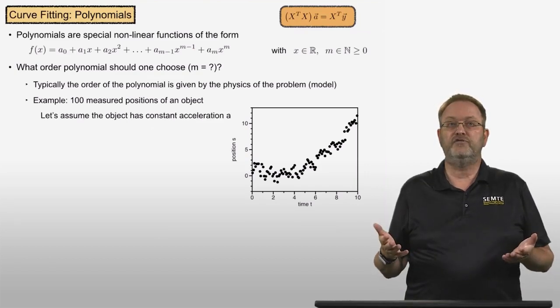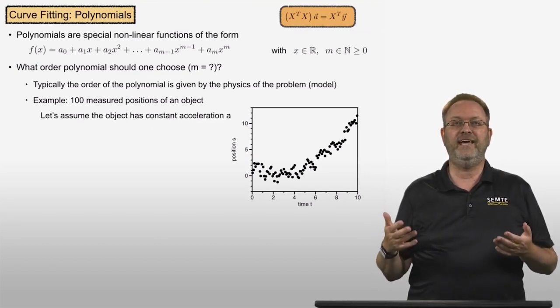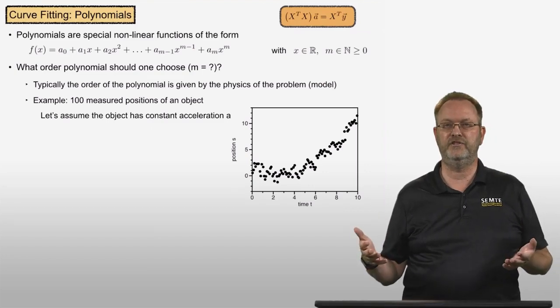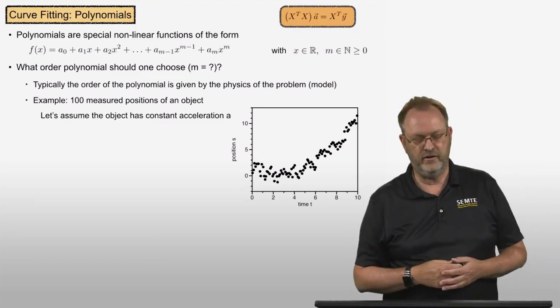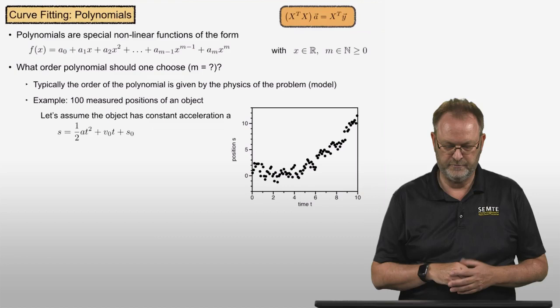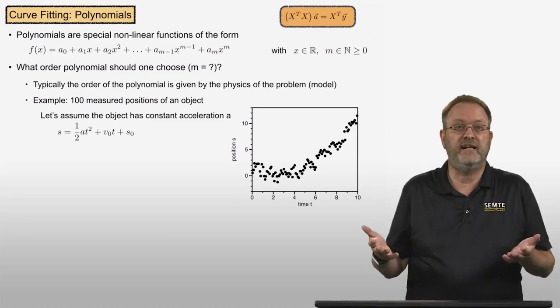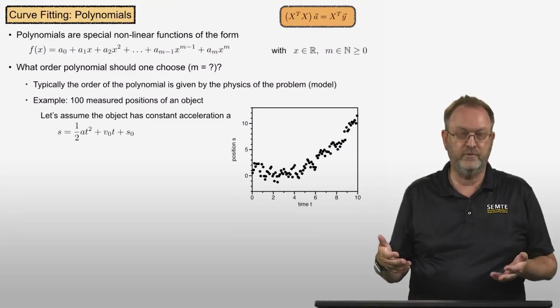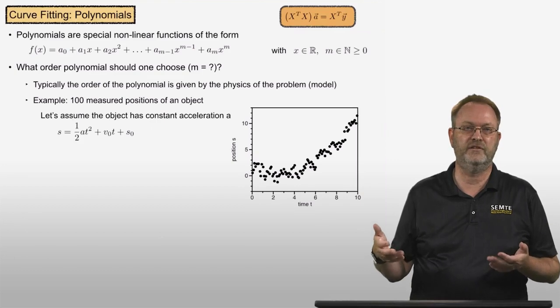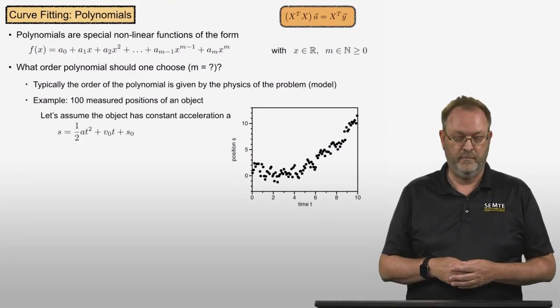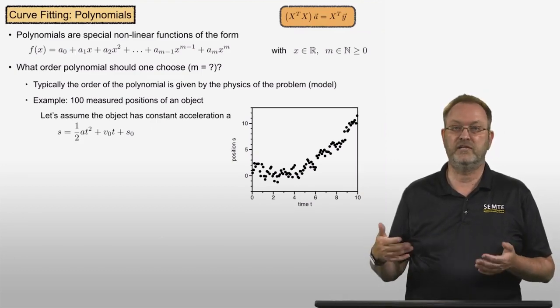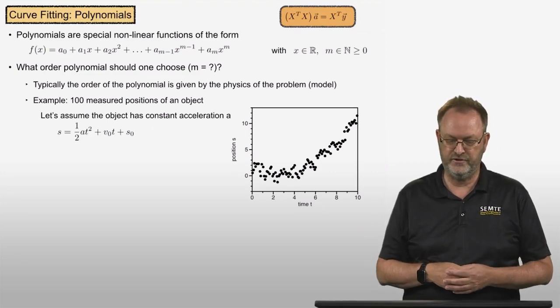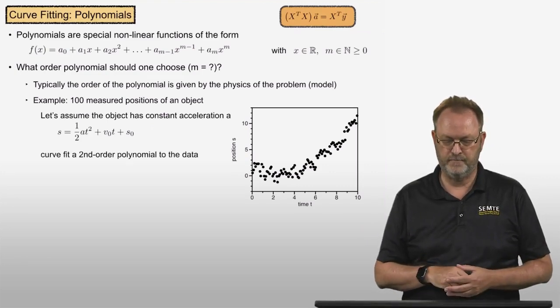And for the model, let's assume that the object has a constant acceleration, meaning the force acting on that object is constant. So then physics tells us that the position is equal to 1/2 times the acceleration times time squared, plus the initial velocity v0 times time, plus the initial position s0.